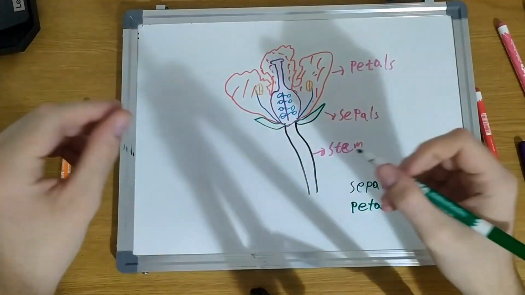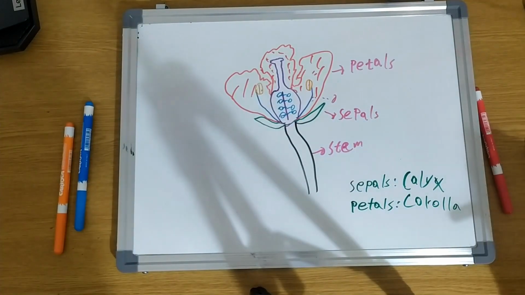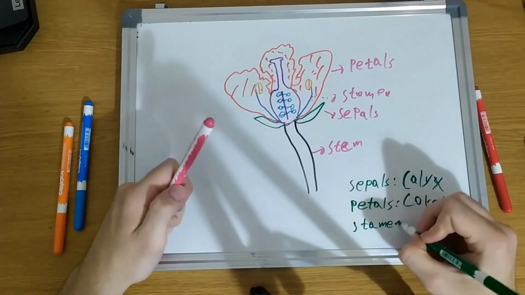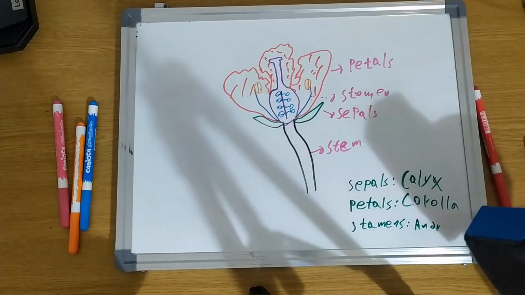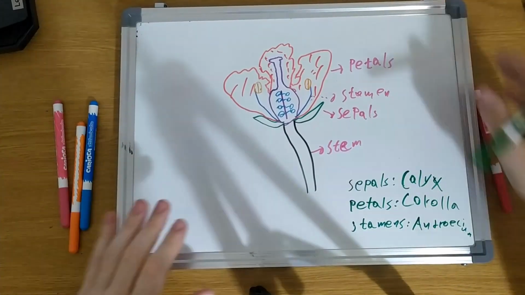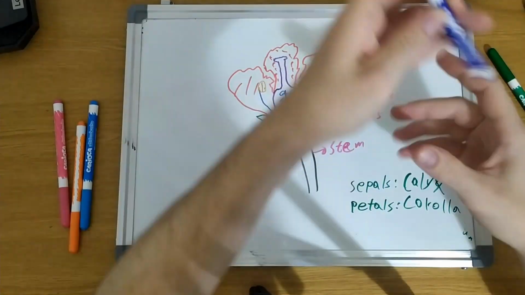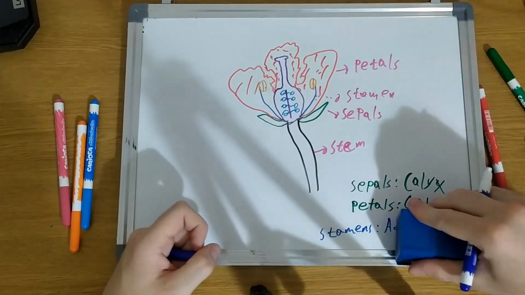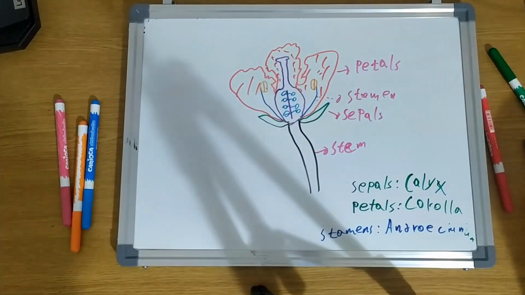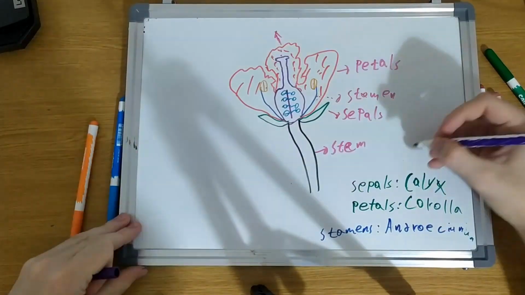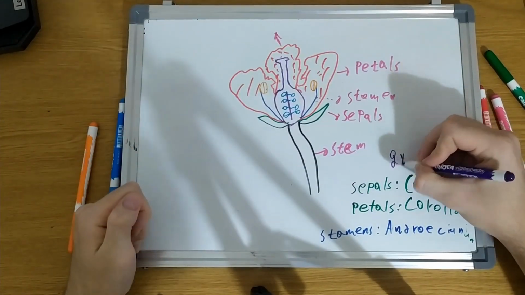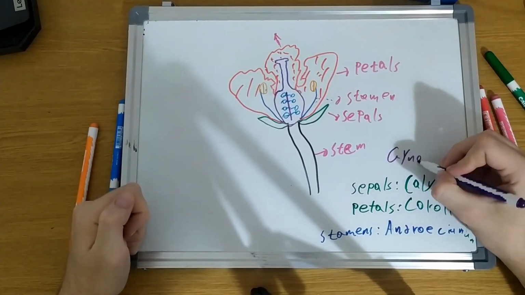The third part is the andrecium, on which grow the stamens, and the fourth part is the gynecium, on which grow all the female parts of the plant. We're going to be talking all about this in more detail.